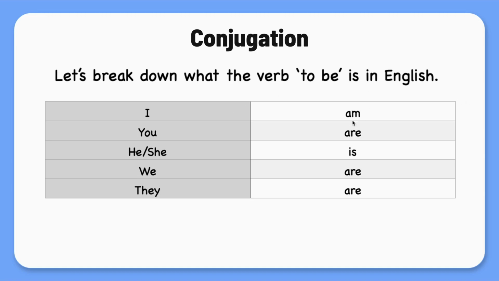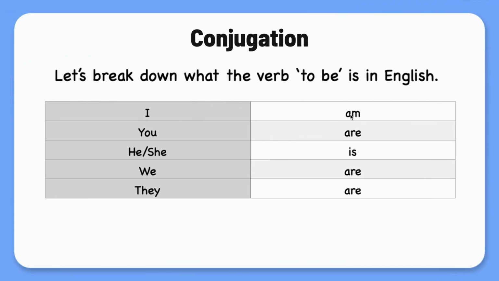And as you notice, most verbs, when you conjugate them, look just like the infinitive form. The infinitive form of the verb is the verb without being changed. So to be, this is the infinitive form of the verb. It has not changed. When you change it now, you're conjugating it. Most verbs in English do not look any different when you change them. For example, let's say the verb to walk in English.